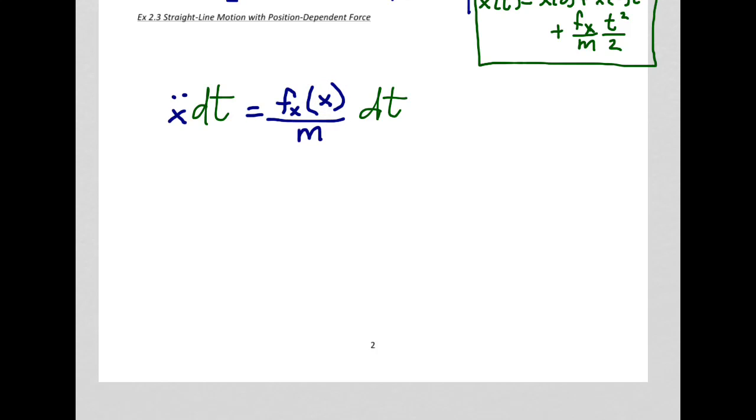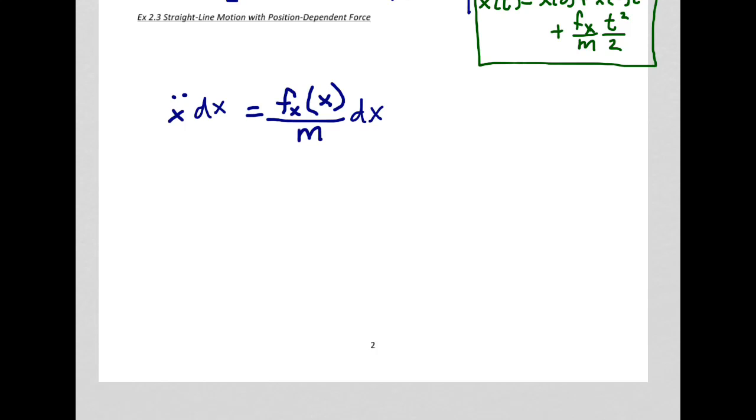So we've got to be a little bit more creative with this, and we need to separate our variables. And so to do that, here's going to be the procedure. Instead of multiplying both sides by dt and integrating, we're going to multiply both sides by dx.